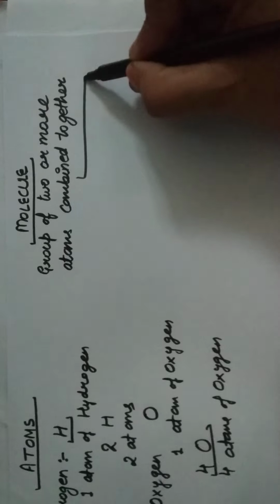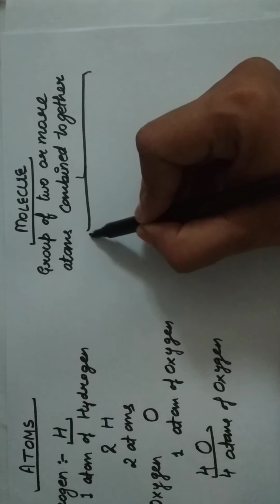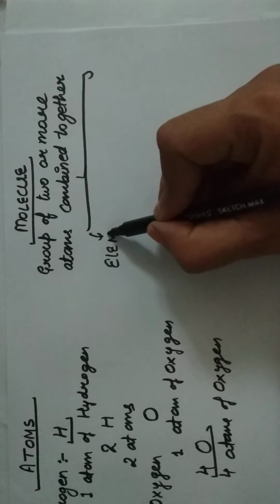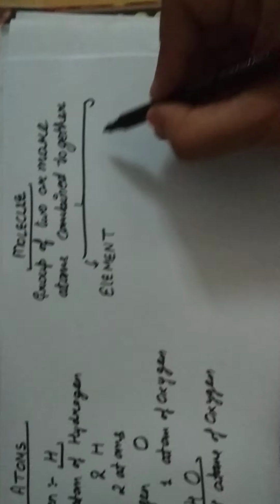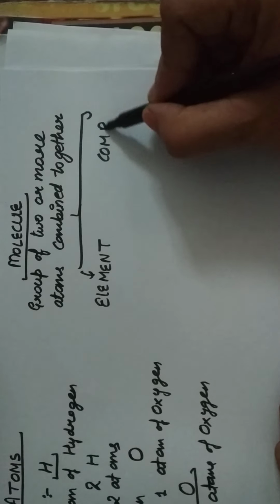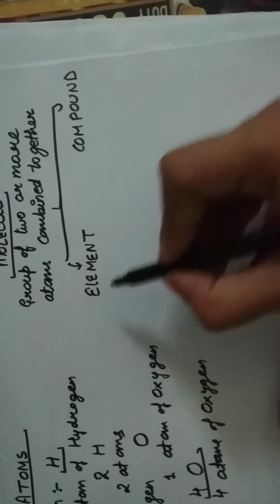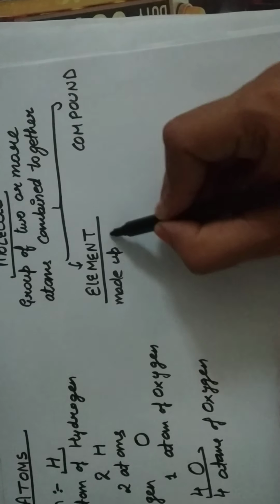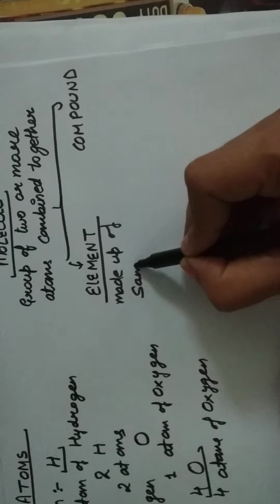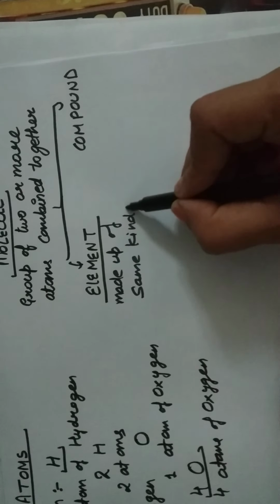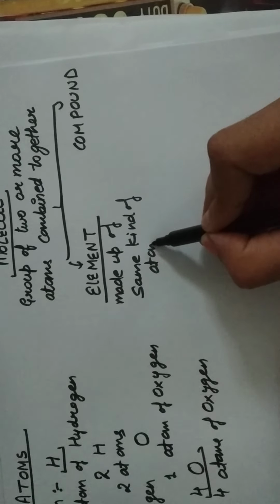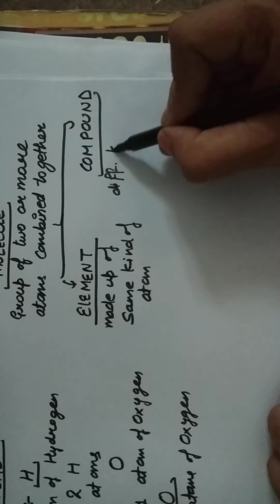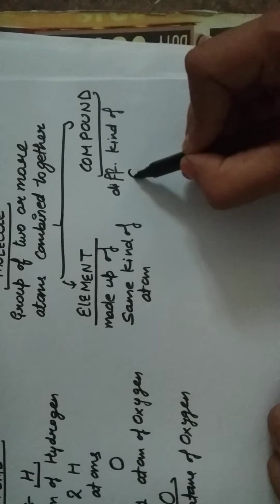Molecules are classified into two types: molecule of an element and molecule of a compound. A molecule of an element is made up of the same kind of atoms, and a molecule of a compound is made up of different kinds of atoms.